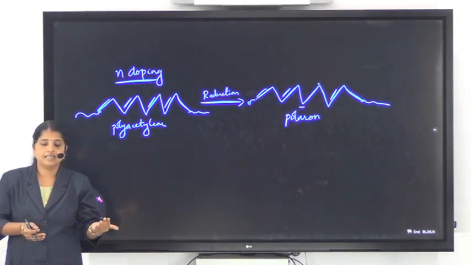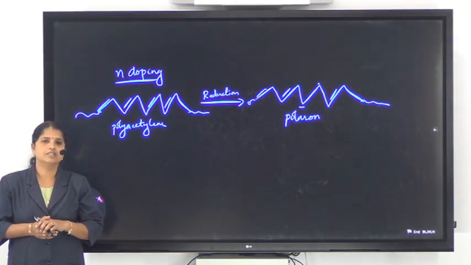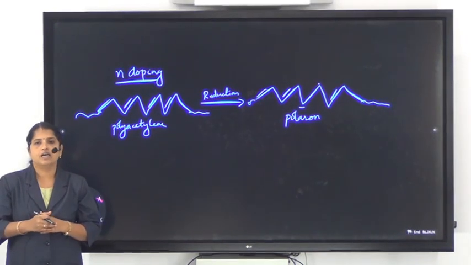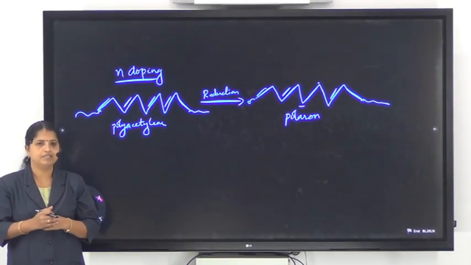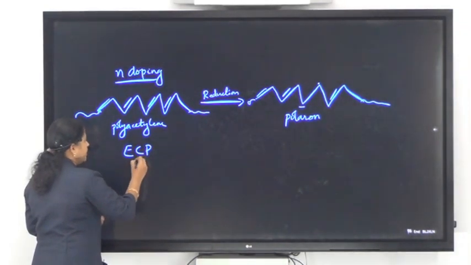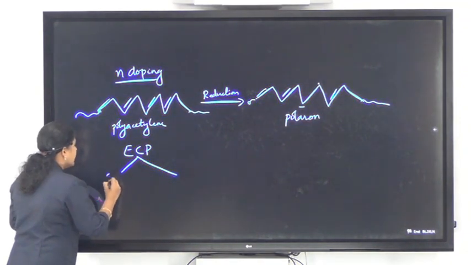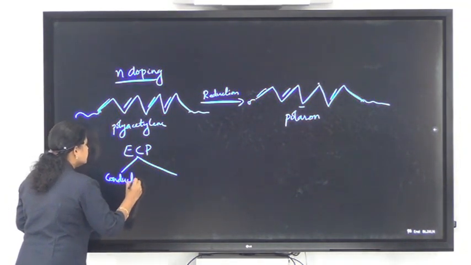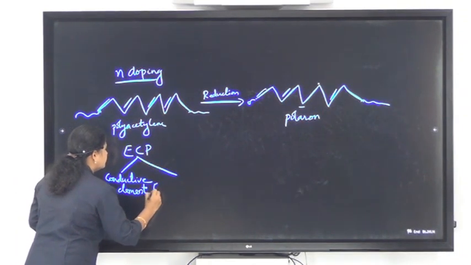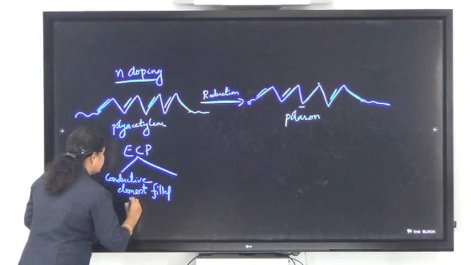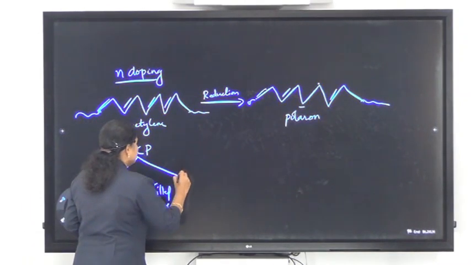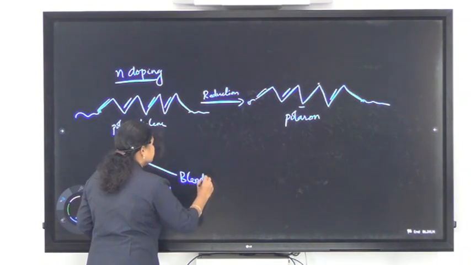The next category is extrinsically conducting polymers, which are formed by adding some impurities into non-conducting polymers. These extrinsically conducting polymers, ECP, are of two types. First one, conductive element filled polymers. And the second one is blended conducting polymers.